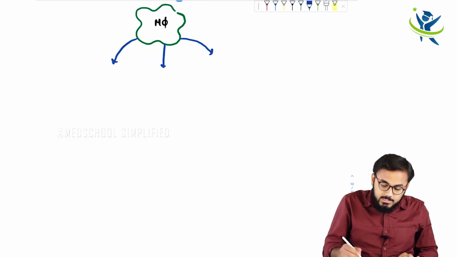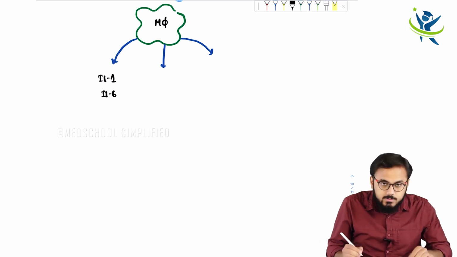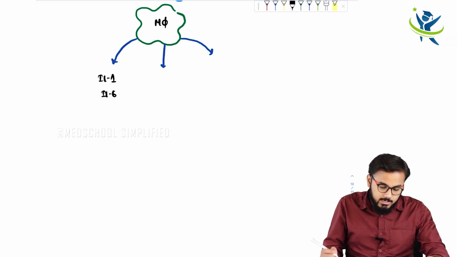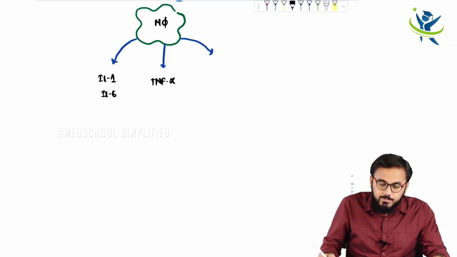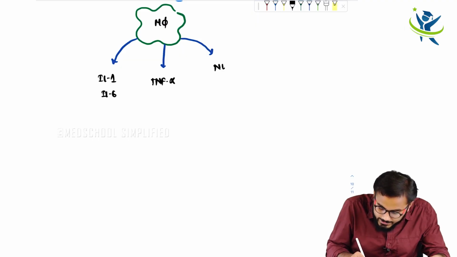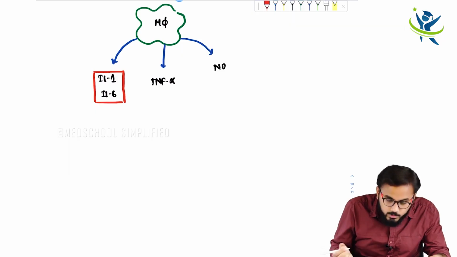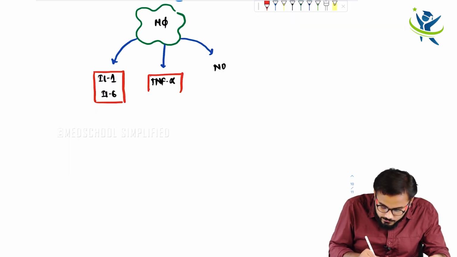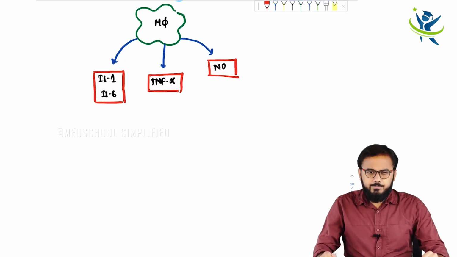What are these three important things? One is interleukin 1 and interleukin 6. Second is tumor necrosis factor alpha. And third is nitric oxide. So what are the three important things? Interleukin 1 and interleukin 6, tumor necrosis factor alpha, and nitric oxide. Fine.